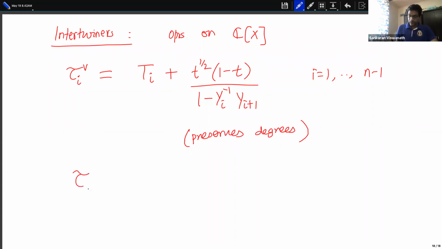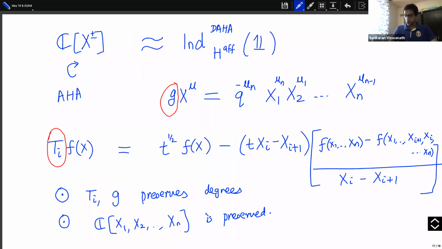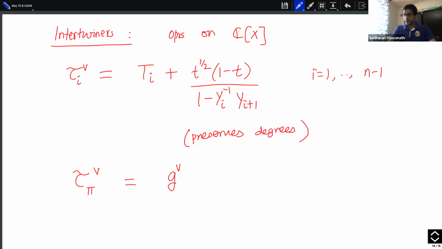Okay, and however, there's this other guy which is called tau pi check. By definition, this intertwiner tau pi check was just defined to be the element g check. So observe, all along we've been talking only about the operators coming from the AHA portion, but this is the first time we are looking at something which also involves the x's, the C x's.